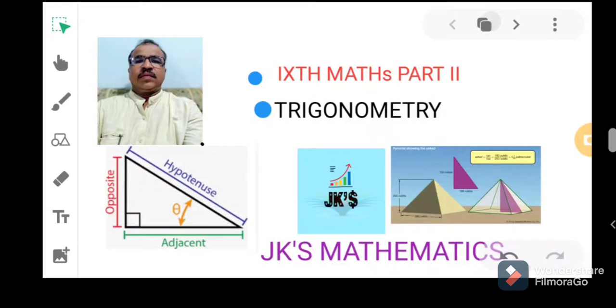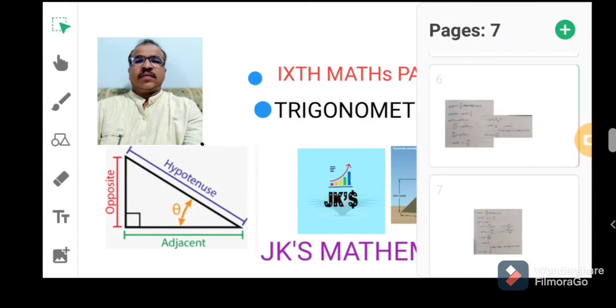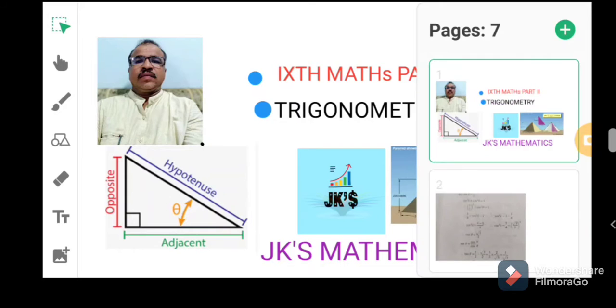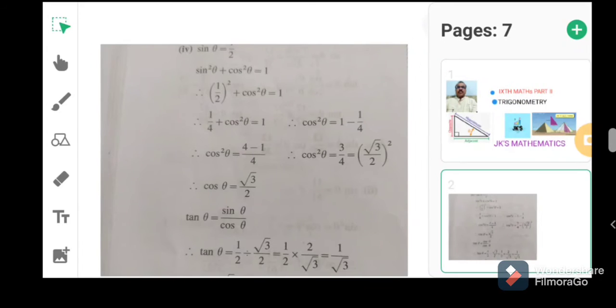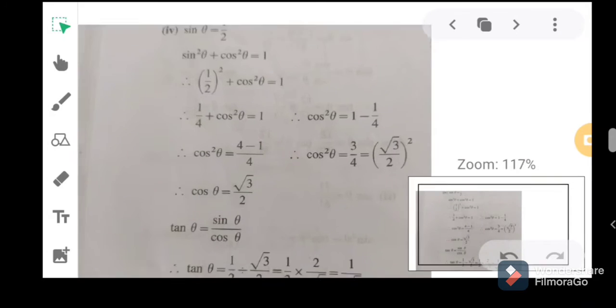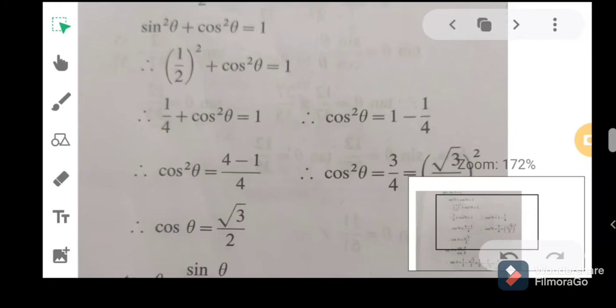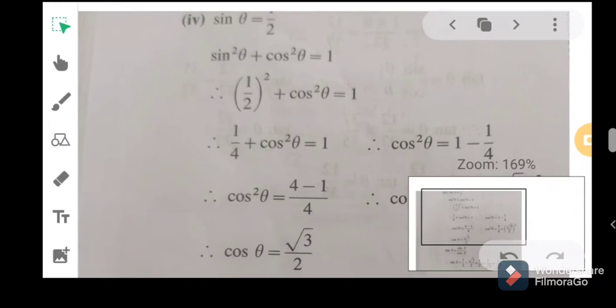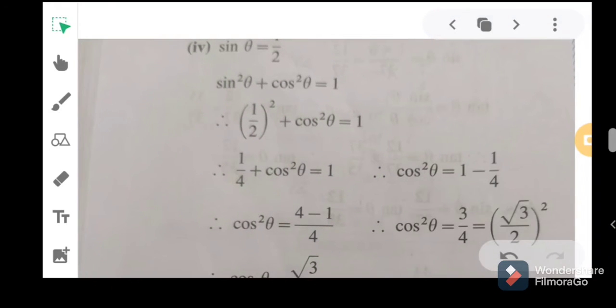The first question. In this practice set, it depends upon the table. Okay friends, so here the example given to us is sin theta equals 1 upon 2.